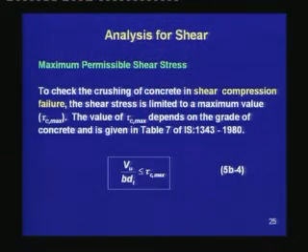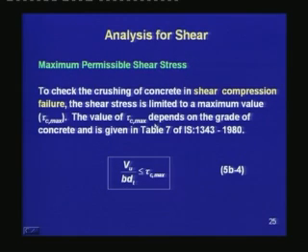We also do some other checks and detailing requirements to avoid other modes of failure. The maximum permissible shear stress in concrete is one way to check the crushing of concrete in shear compression failure. To check the crushing of concrete in shear compression failure, the shear stress is limited to a maximum value which is represented as tau c max.